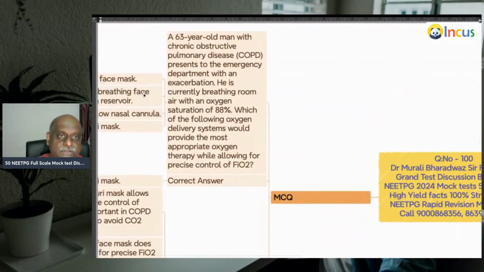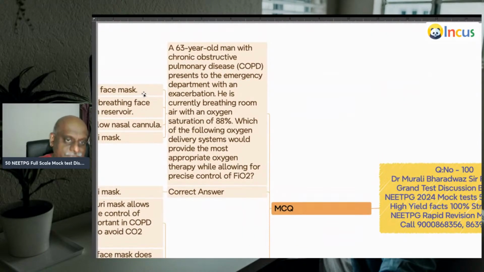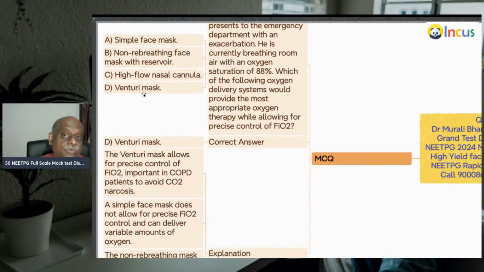A 63-year-old with COPD, currently breathing room air with a SpO2 of 88%. Which oxygen delivery system provides the most appropriate oxygen therapy by allowing precise control of FiO2? Venturi mask.